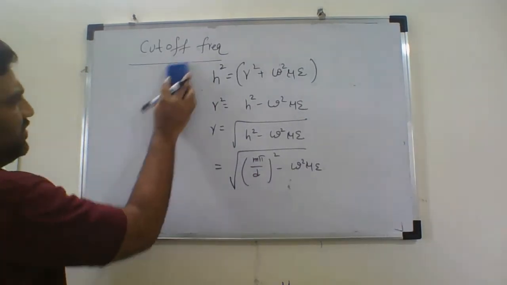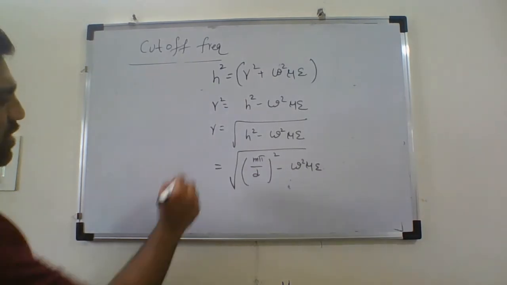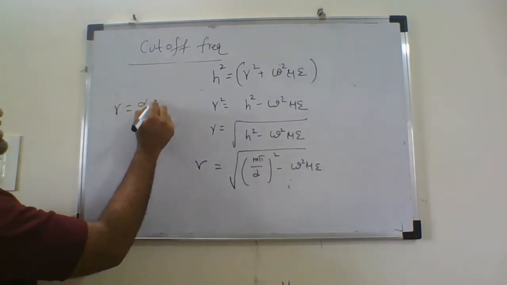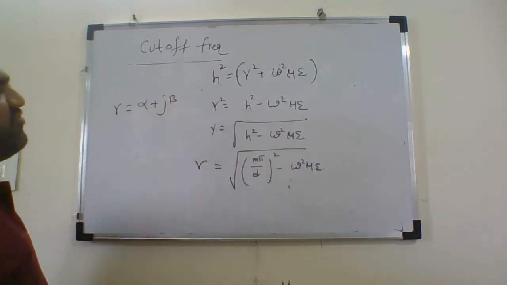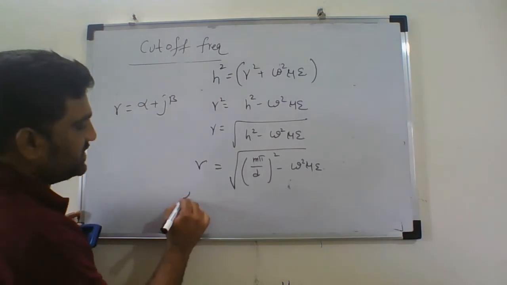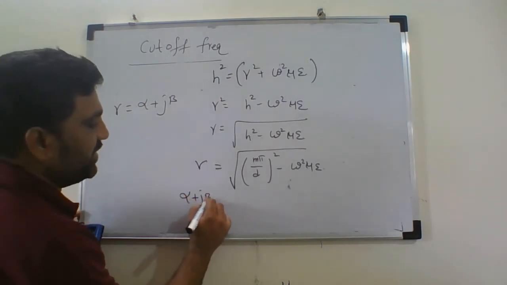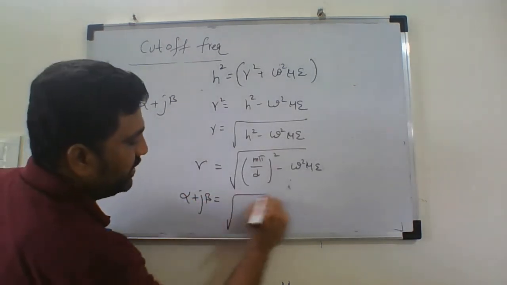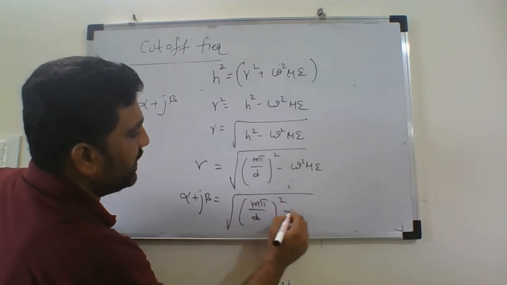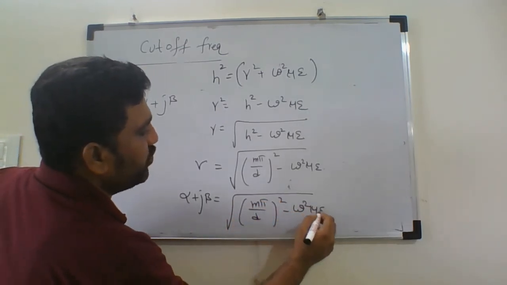Now in general, what is gamma? Gamma means propagation constant. It is a sum of attenuation constant alpha and phase constant beta. So we can express gamma as alpha plus j beta. So alpha plus j beta is equal to root of m pi by d whole square minus omega square mu epsilon.